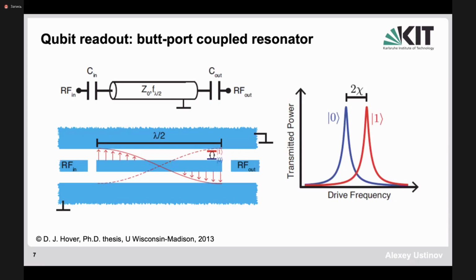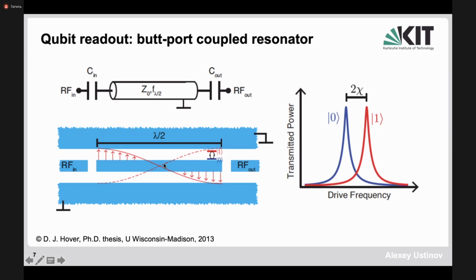For reading out the qubits, people use either the transmission line resonator, which is simply a piece of transmission line, a piece of coplanar waveguide, which is cut from the central wire here. In this case, you have two open ends separated by two capacitors, C in and C out. And then the electric field is going to be maximized at the end of the resonator.